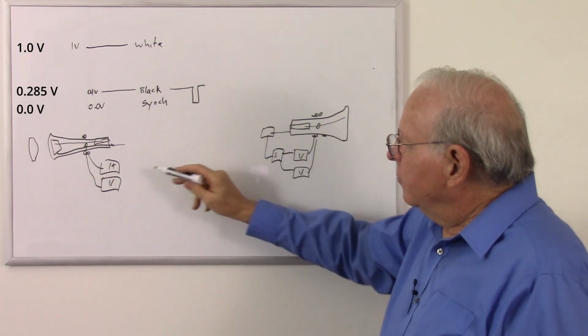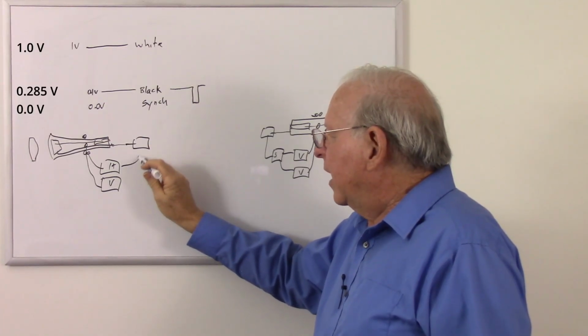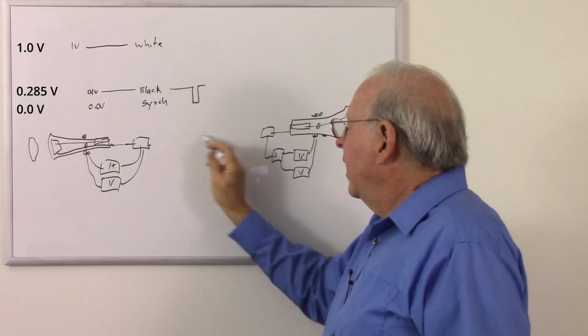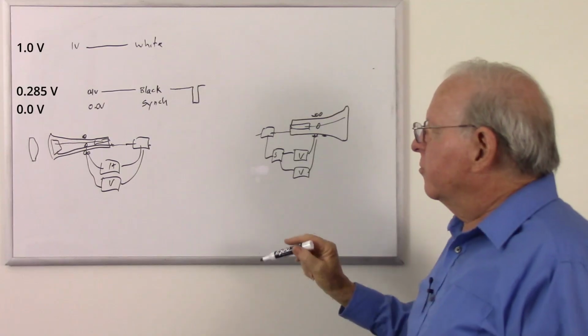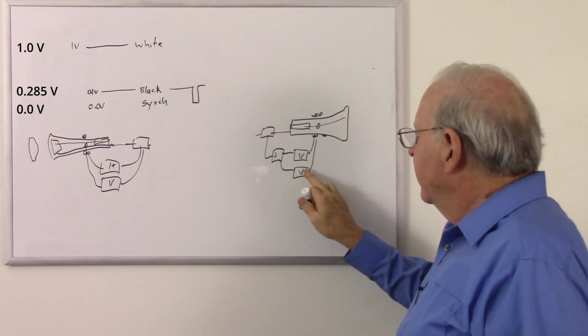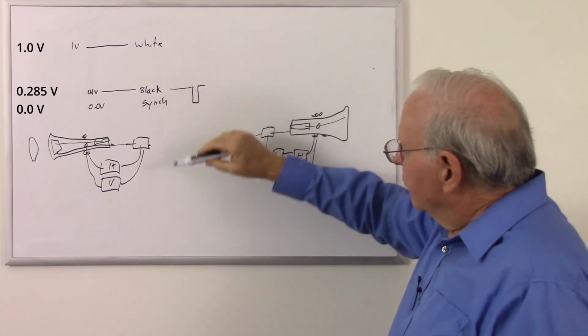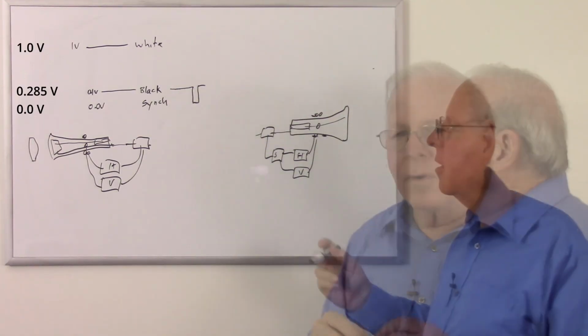So that's how the two get synchronized. There's circuitry over here that inserts that synchronization, and then there's circuitry over here that extracts it out, and that tells these oscillators, both horizontal and vertical, to synchronize with each other to make this whole thing work.